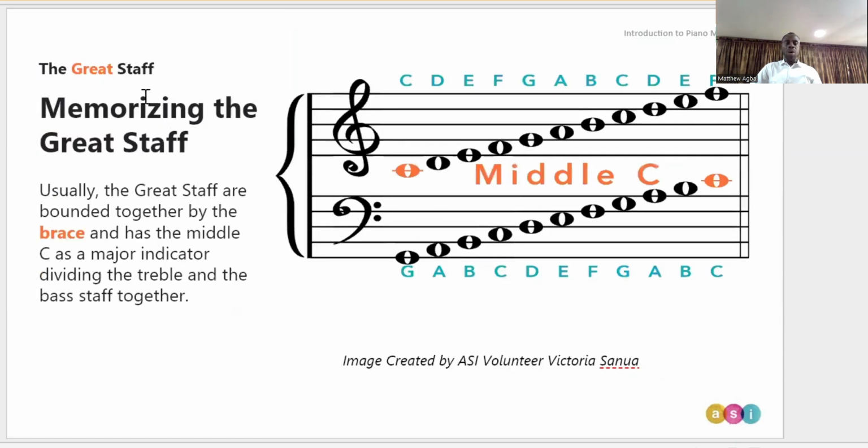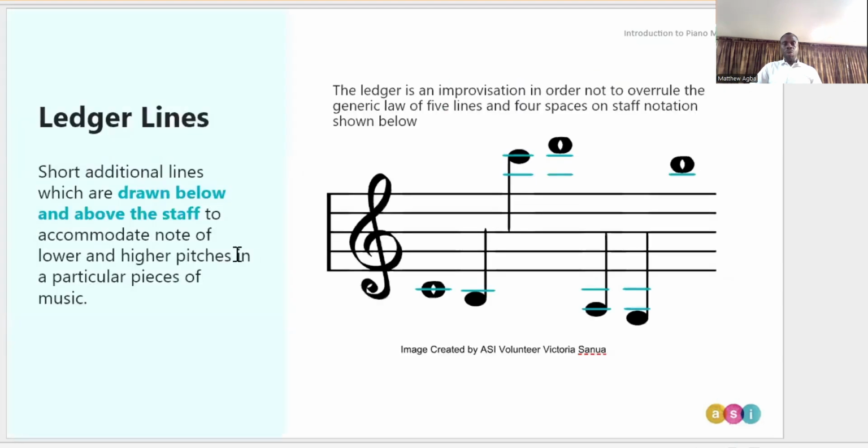So we looked at how it is written, the notes on the lines and spaces of the grand staff, having these two important symbols, the brace sign and the middle C, which divide the treble and the bass staff in two. We looked at the names of the notes written alphabetically in that order, same way as the treble staff. We further looked at the short lines written above or below the staff to accommodate notes of higher or lower pitches.